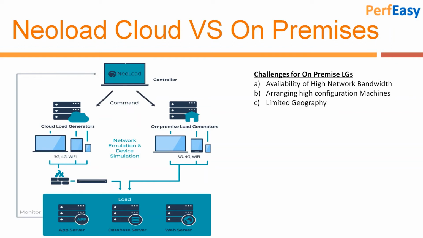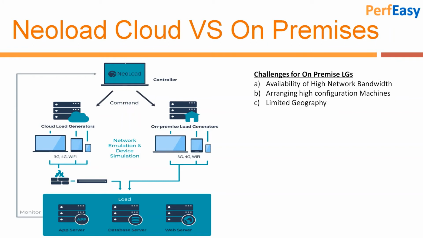Third is limited geography, which is also a very important aspect. When we are using cloud load generators, there are multiple locations that are provided by all the cloud providers, be it Azure, be it Google, be it AWS. Everyone has cloud machines available in India, in Singapore, in US, in UK.